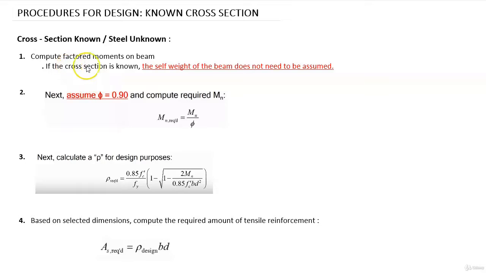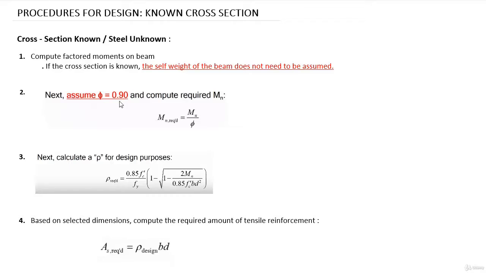So we can directly compute the moment. The self-weight of the beam does not need to be assumed; we can automatically calculate it because we know the size of the beam.